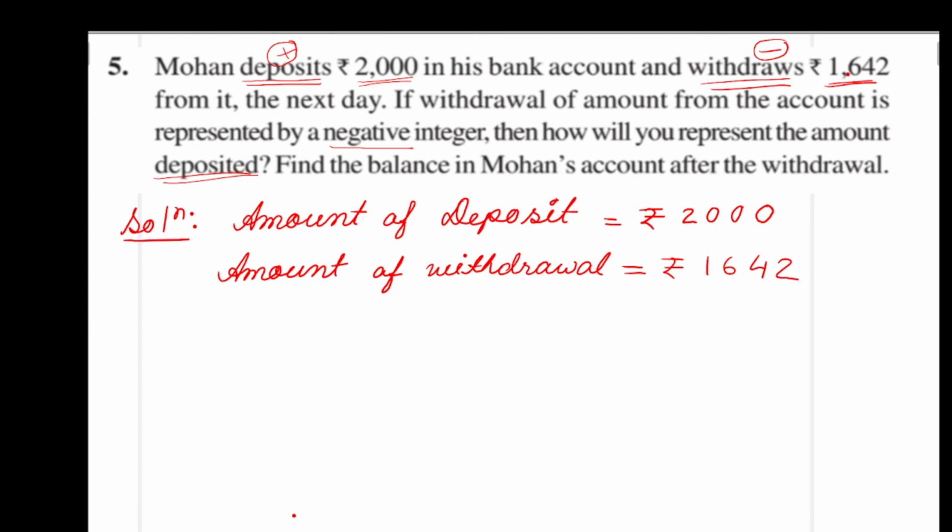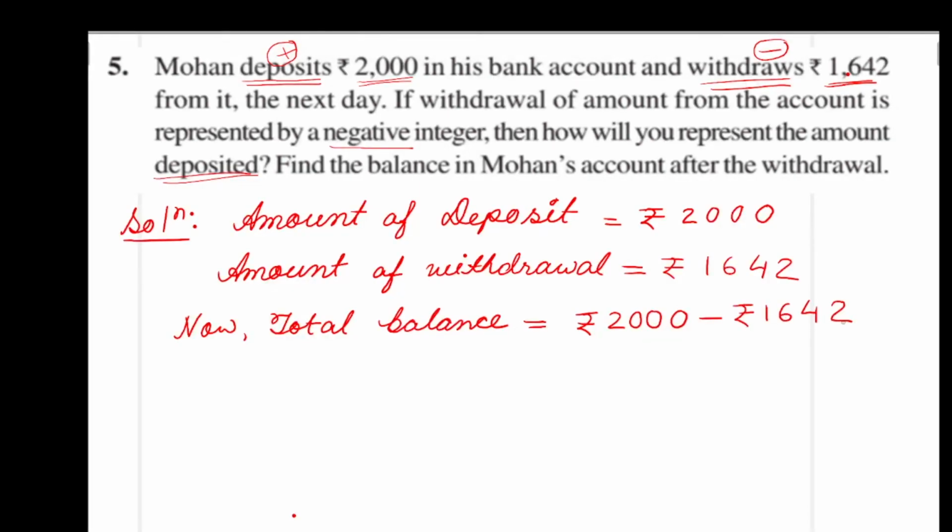Okay, now total deposit. Now what to do? Total balance, we have to write total balance equal what? Earlier it was 2000, then from that 1642 is taken out. The remaining money is what? 358. Okay, so how to write?